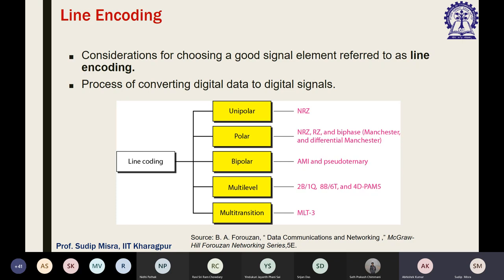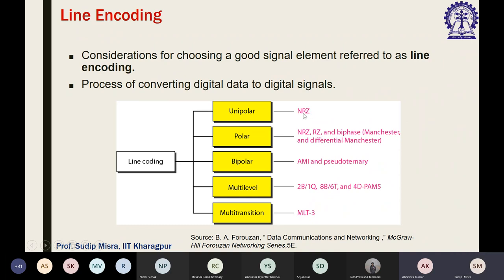What are these different possibilities? We'll see. This can be done in many different ways. One is called the unipolar mechanism. Each of these I am going to talk about shortly. In unipolar, the most popular scheme is NRZ, non-return to zero. Then you have the polar schemes. There are a couple of different ones: NRZ, non-return to zero, RZ, biphase, and so on.